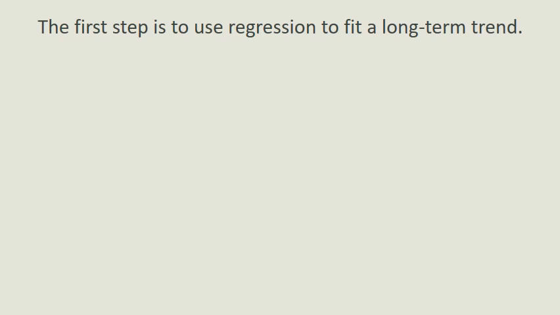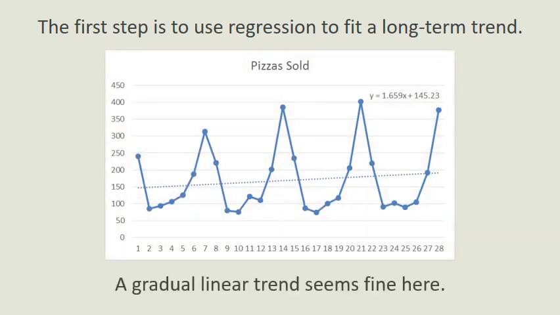We're going to calculate the seasonal indexes for this data set, and the first step towards doing that is to put the best fit line through the data. And in this plot, we can see the line and its equation. This line captures the long-term trend in the data.